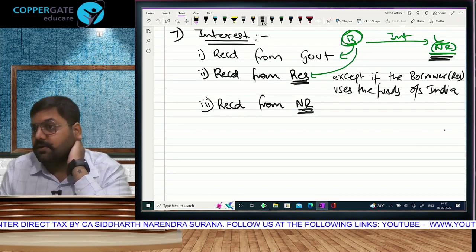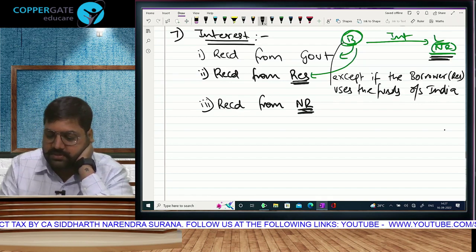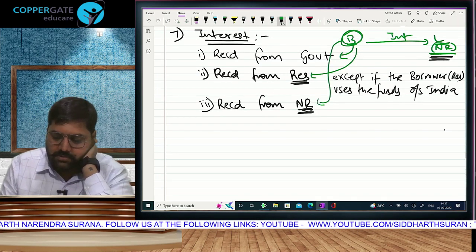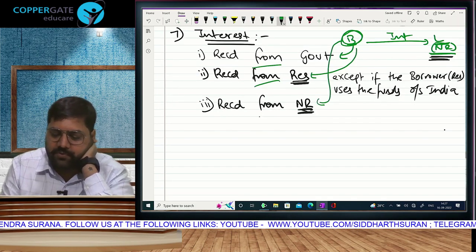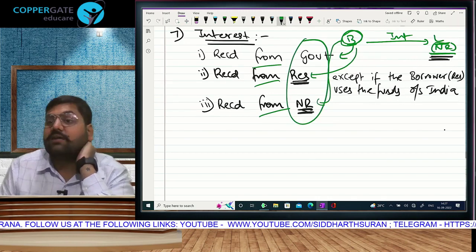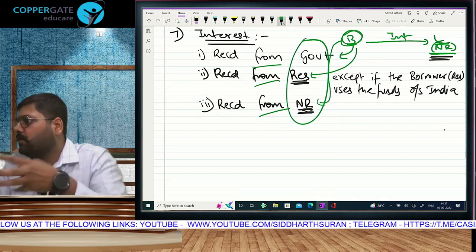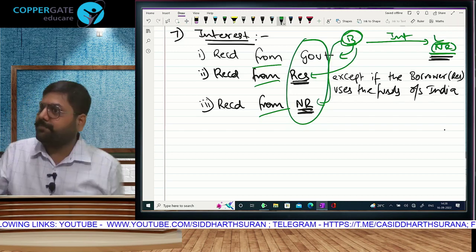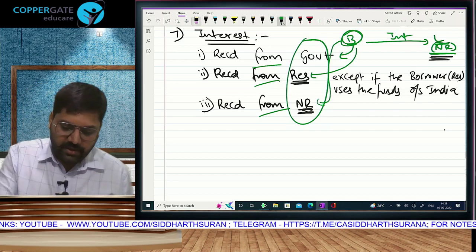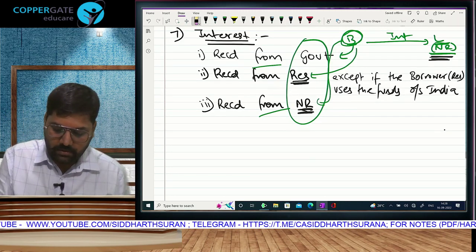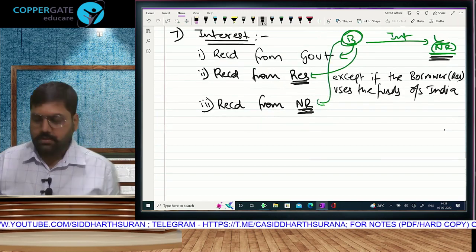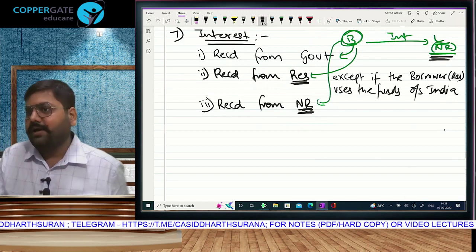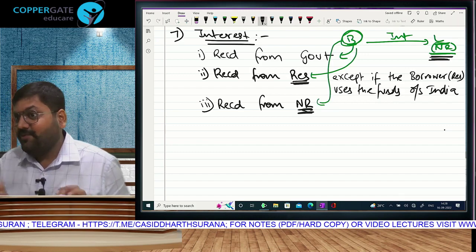And in this third case, when we use the word from, these people are our borrower. If government is borrower, it will use in India. If resident is borrower, it will use in India, and in case outside, we have already prescribed the exception for it. If non-resident is borrower, then also it will be treated as Indian income. Wait. I said you will give me the answer. I have not asked my question yet.